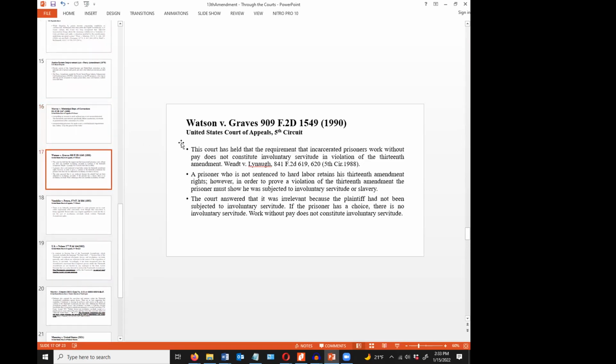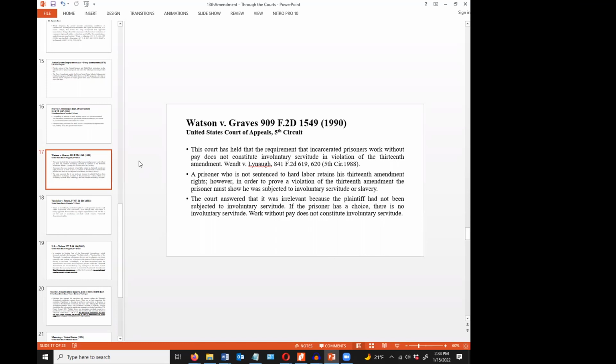Another case that came out that year, Watson versus Graves. This is also in 1990 and also in the Fifth Circuit. So some of the same judges that ruled on McGarry are also ruling on Graves. It says, this court has held that the requirement that incarcerated prisoners work without pay does not constitute involuntary servitude in violation of the 13th Amendment.